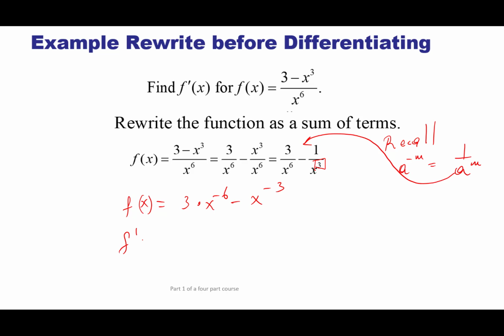To differentiate, I'm going to have negative 6 times 3, x to the negative 6 minus 1, right? Then I'm going to have my minus there. Then I'm going to be multiplying it by negative 3 times x to the negative 3 minus 1. This is going to give me negative 18 x to the negative 7 plus 3x to the negative 4.